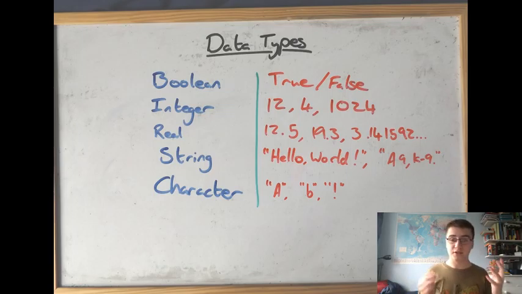Then you have strings, which are combinations of characters, whether that's numbers and letters, but they're all stored together. And then finally you have characters, which are single characters. However, in a database there might also be a date data type, so month, year, that kind of thing, so day of the week, yeah.